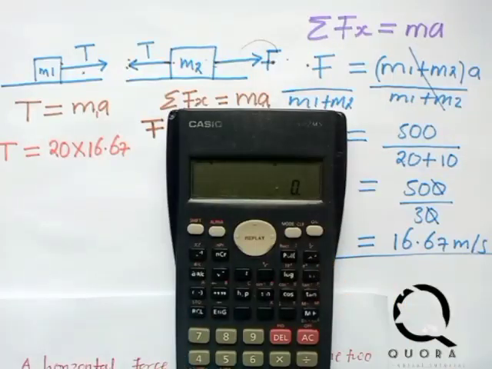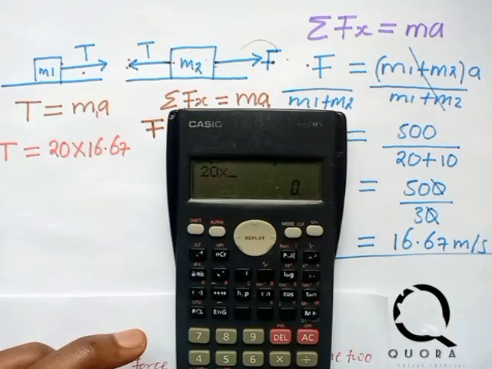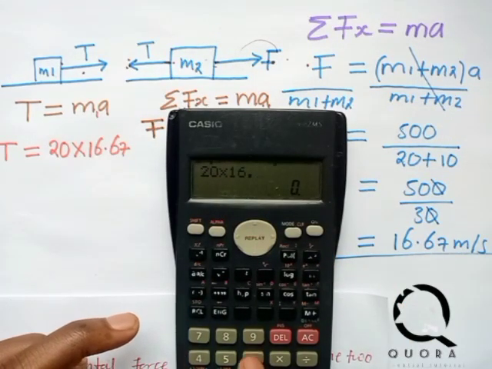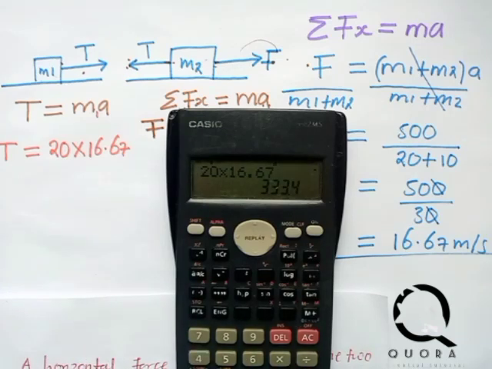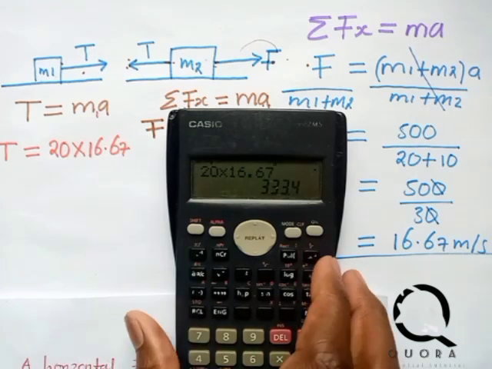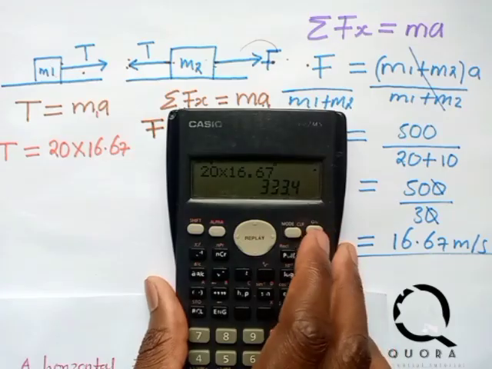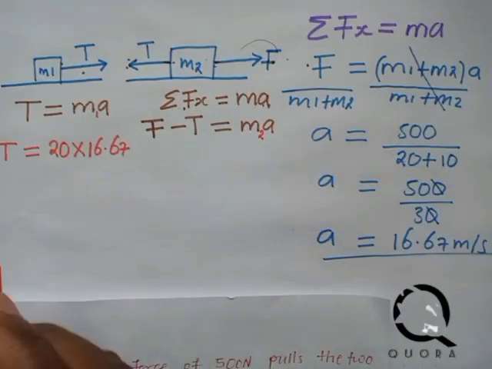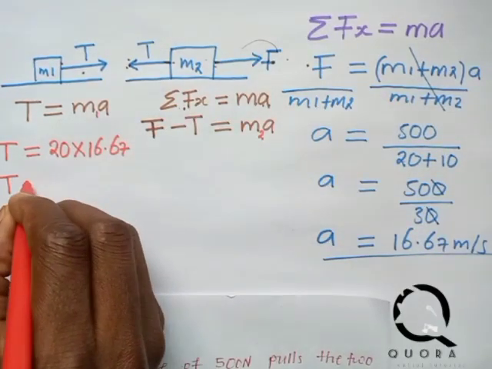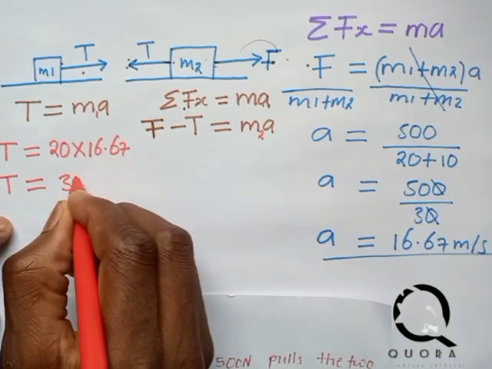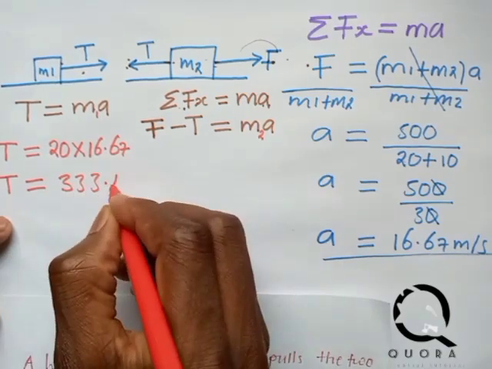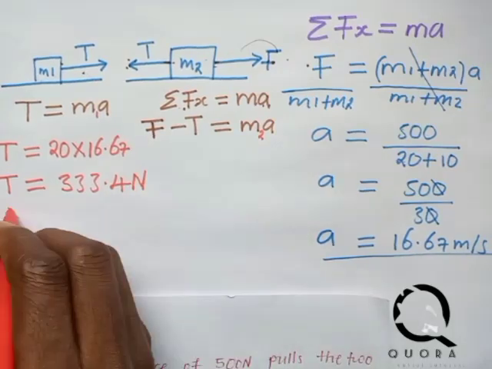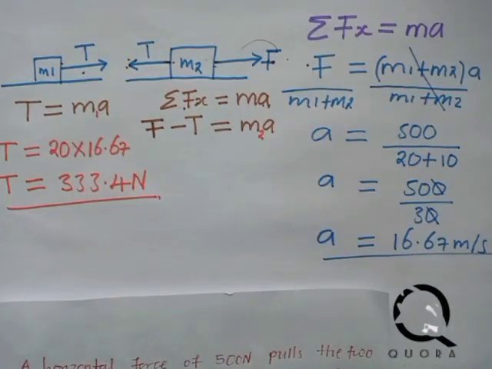Then we'll come here, say 20 multiplied by 16.67. We are getting the tension as 333.4 newtons, meaning that tension for this one has to be equal to 333.4 newtons. For this part, we are done.